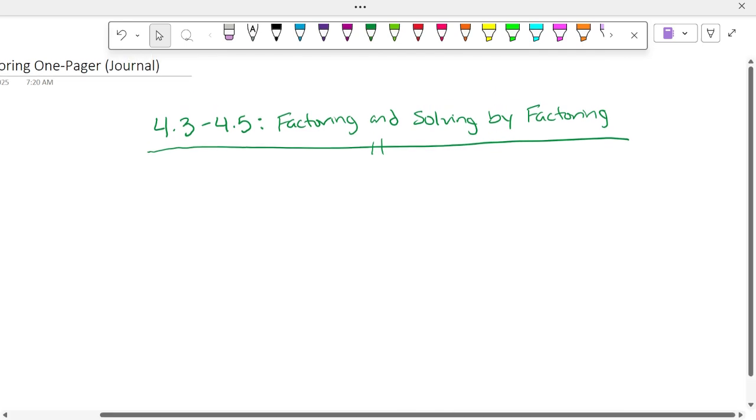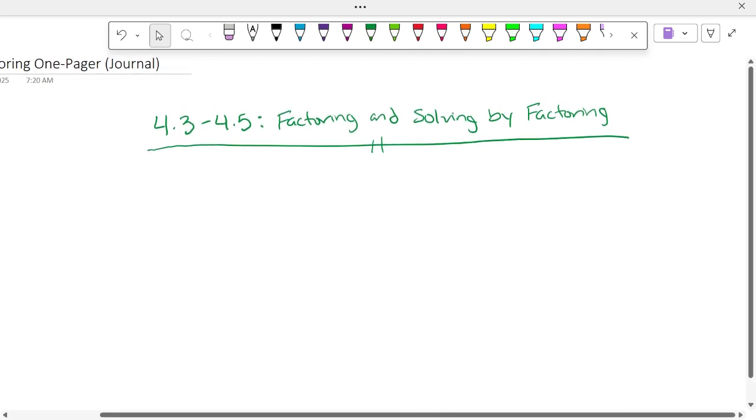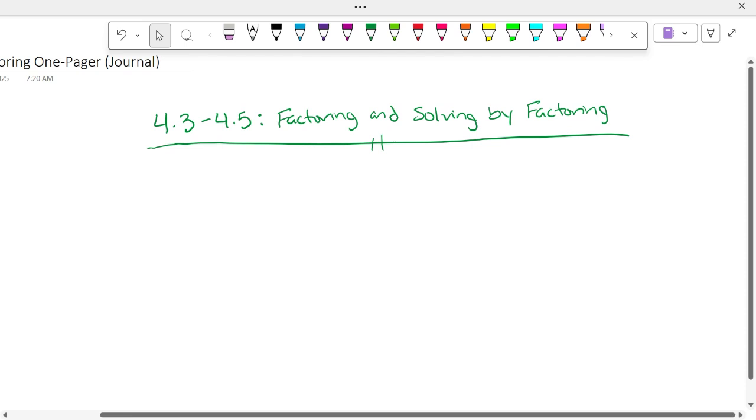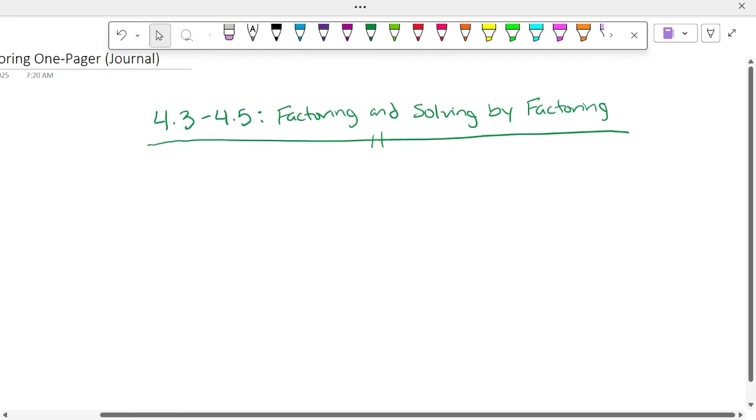And again, you don't have to make it exactly like mine. You can add your own flair to it, but this is just an example of what I expect.